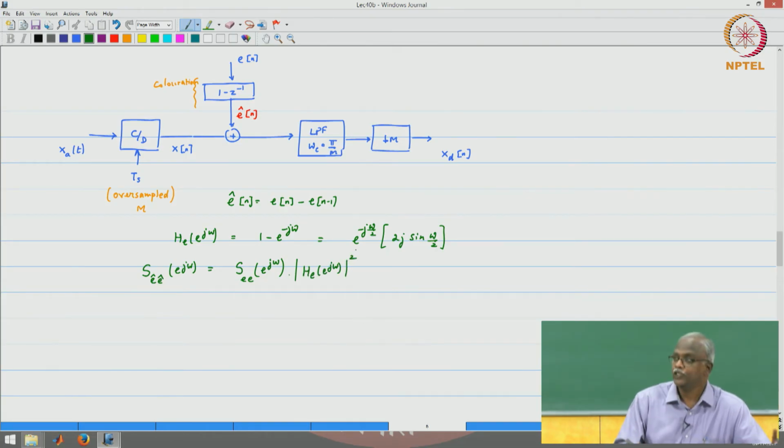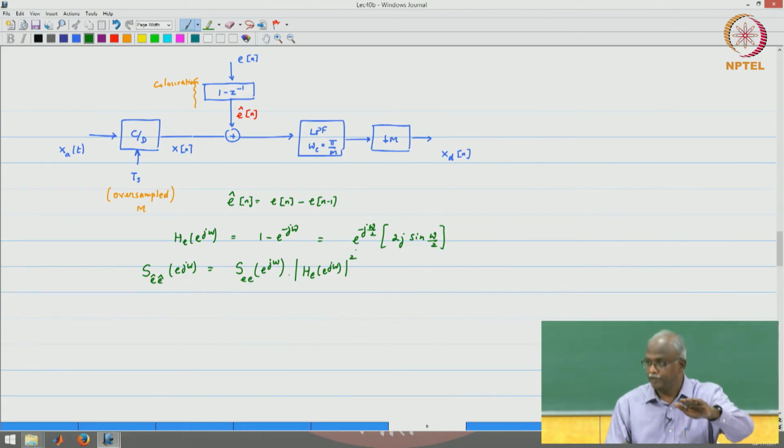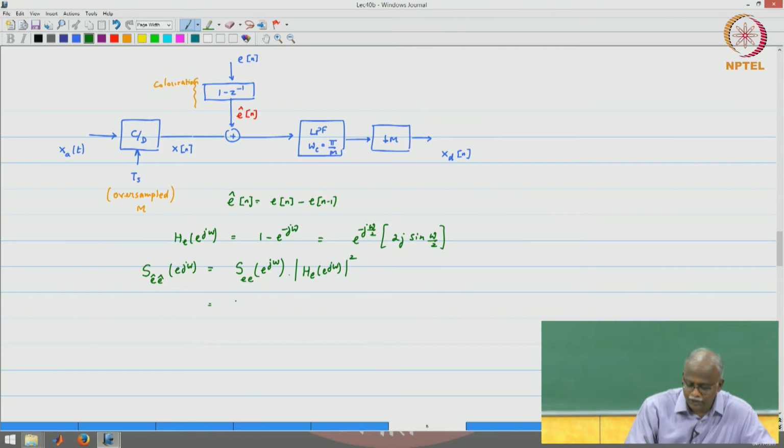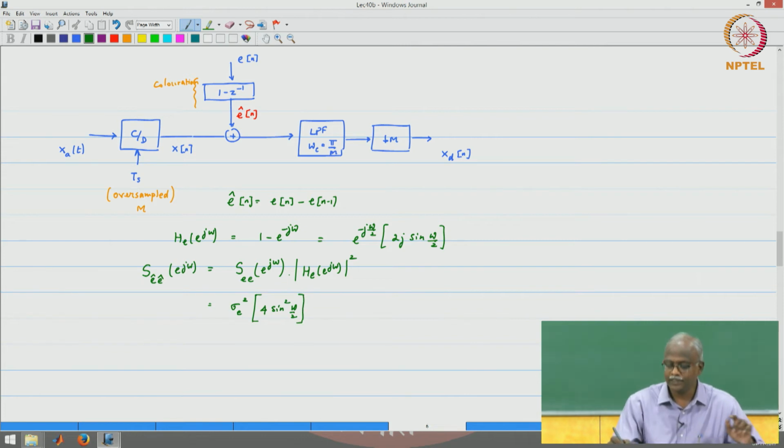So, when I pass white noise through a filter, the resultant power spectrum comes out to be the magnitude square of the filter. So, this is equal to sigma_E squared times 4 sine squared omega by 2. Basically, it is a magnitude square.